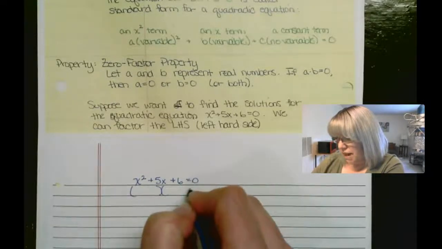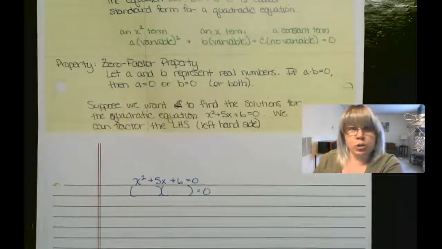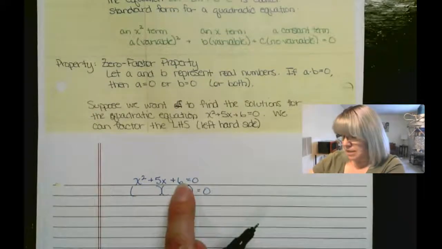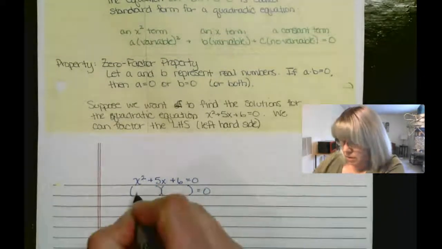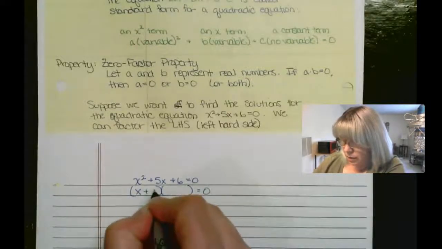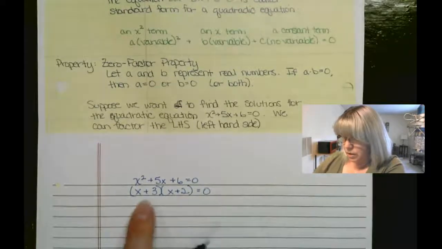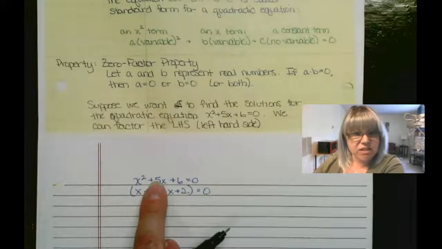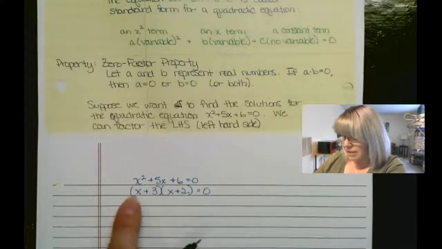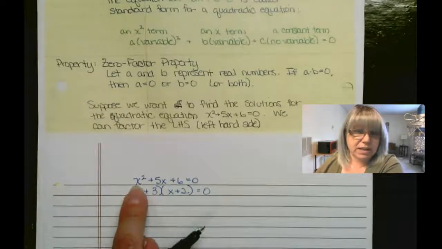And when we factor, we're looking for two values that multiply to positive 6 but add to positive 5. Well, the only two I know are 3 and 2. So 3 times 2 is 6, and 3 plus 2 is 5. That will get us x plus 3 times x plus 2, which will get us right back to x squared plus 5x plus 6.